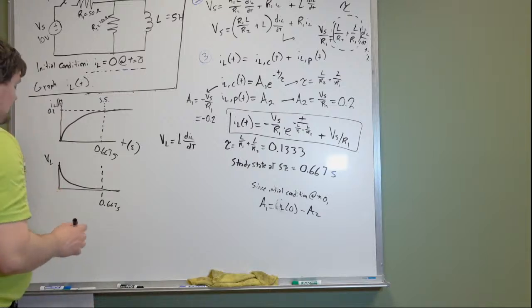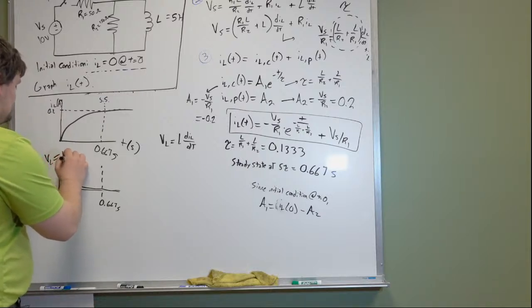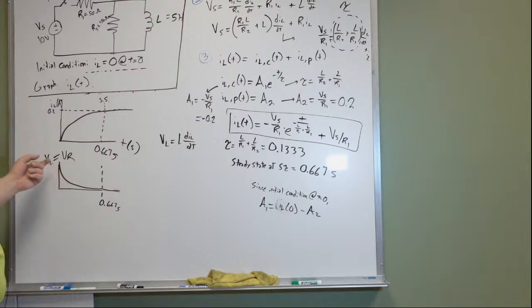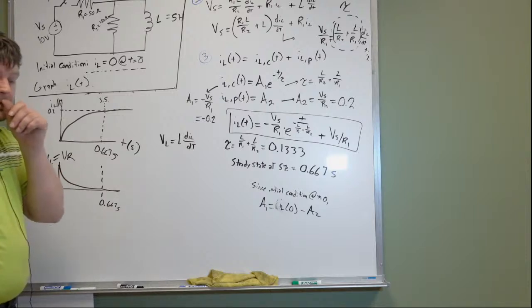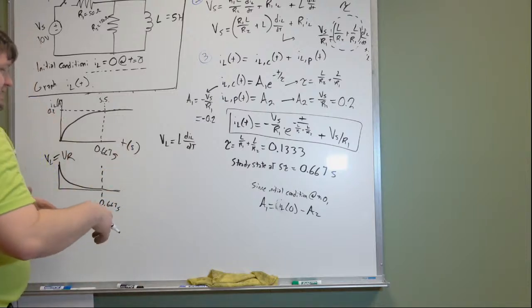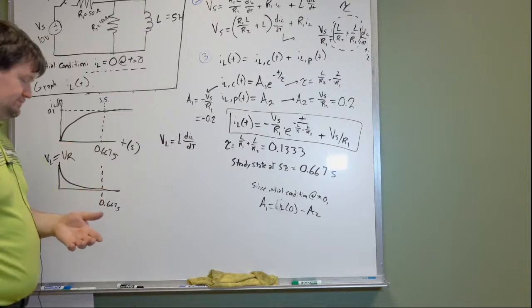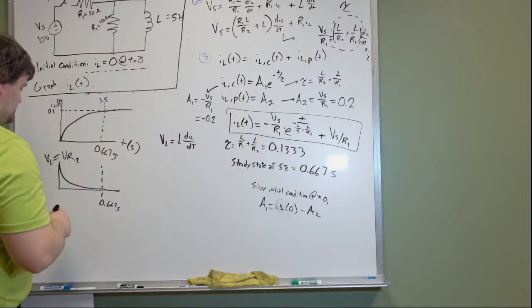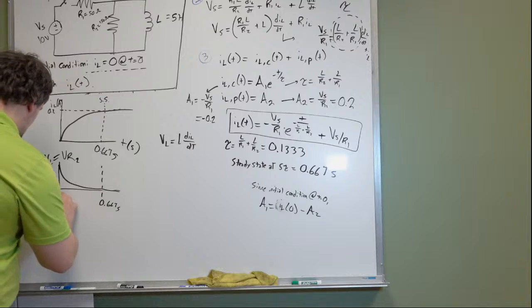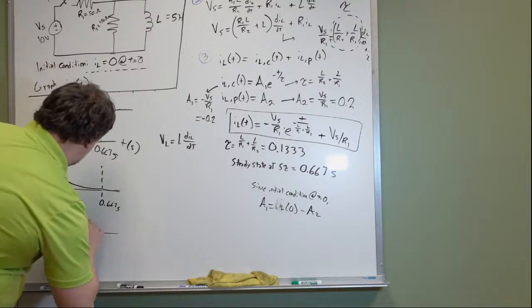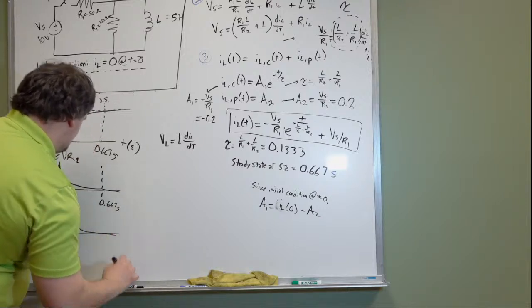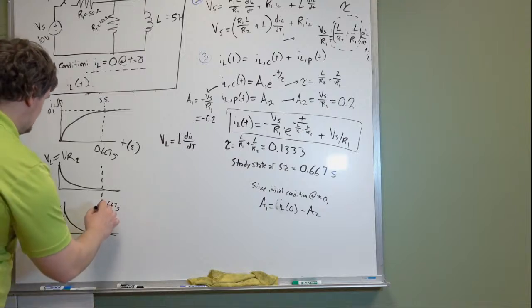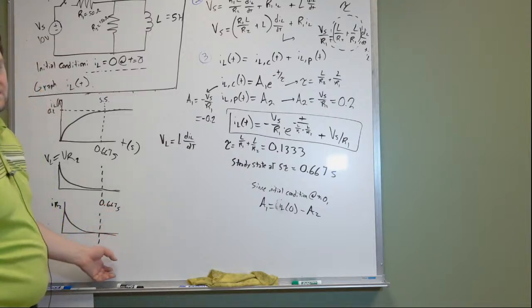You'll also notice that because of our constitutive equations, this is the graph of VR, which means if we take this and divide by R2, we get IR2, and IR2 has this sort of relationship where eventually it reaches 0 at steady state time.